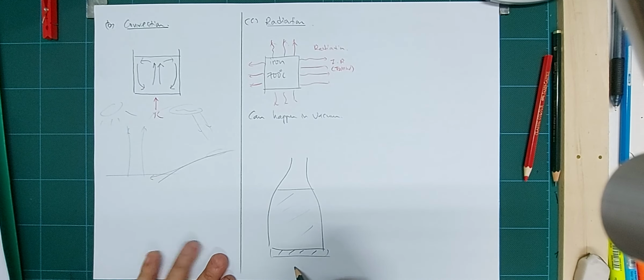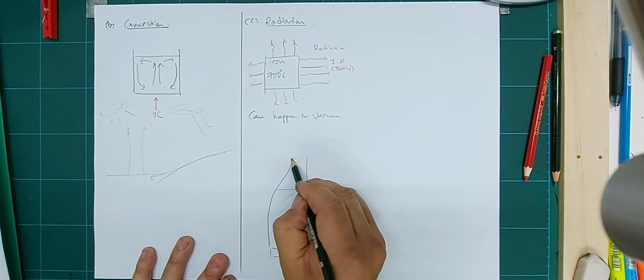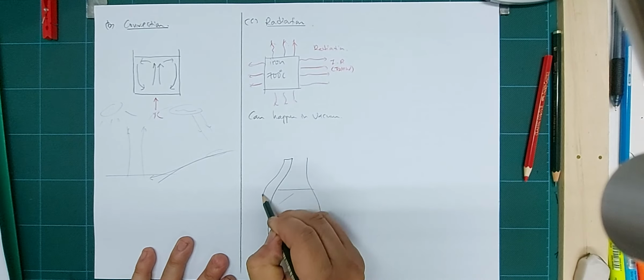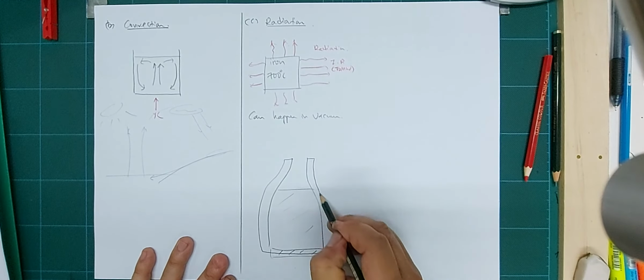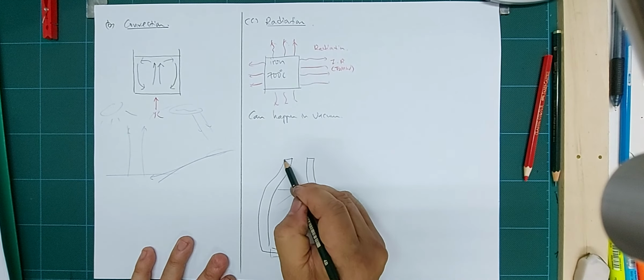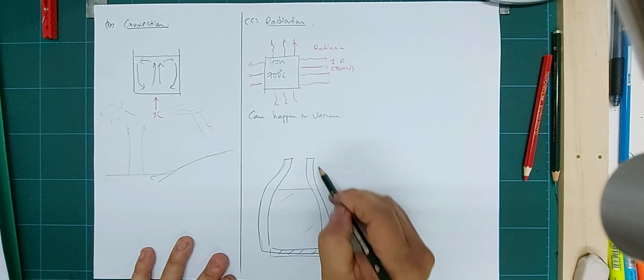But another way is by putting in a double layer. Why double layer? Because with a double layer you can coat them with silver.